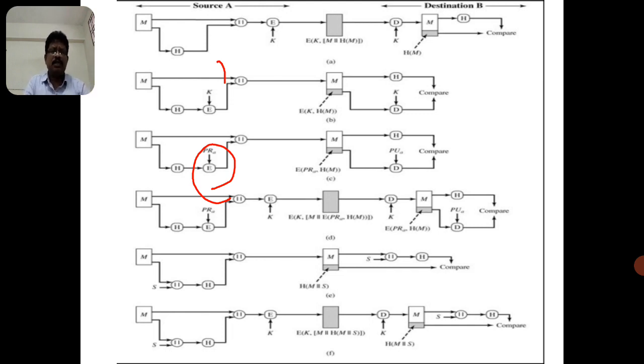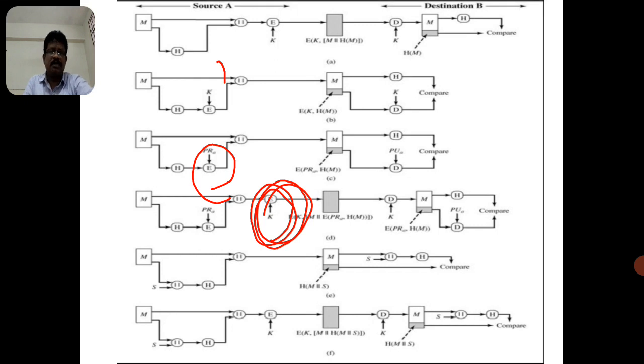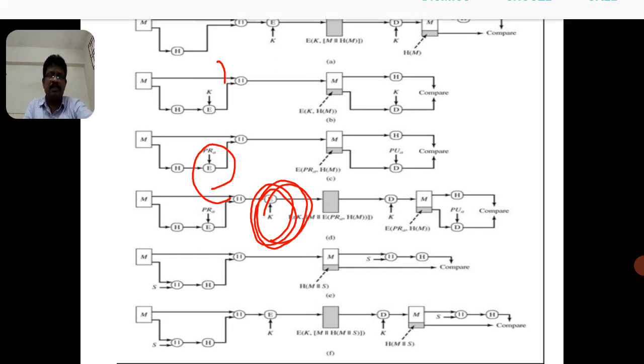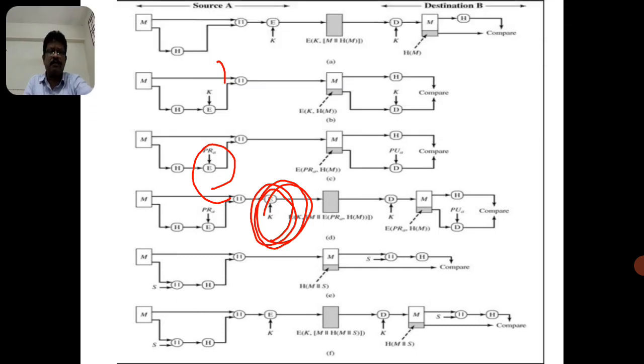We normally send directly to the destination. After concatenation, applying the hash function and encryption, again the confidential key can be applied here. Here you can observe this is the conventional crypto system, the single key is applied again.